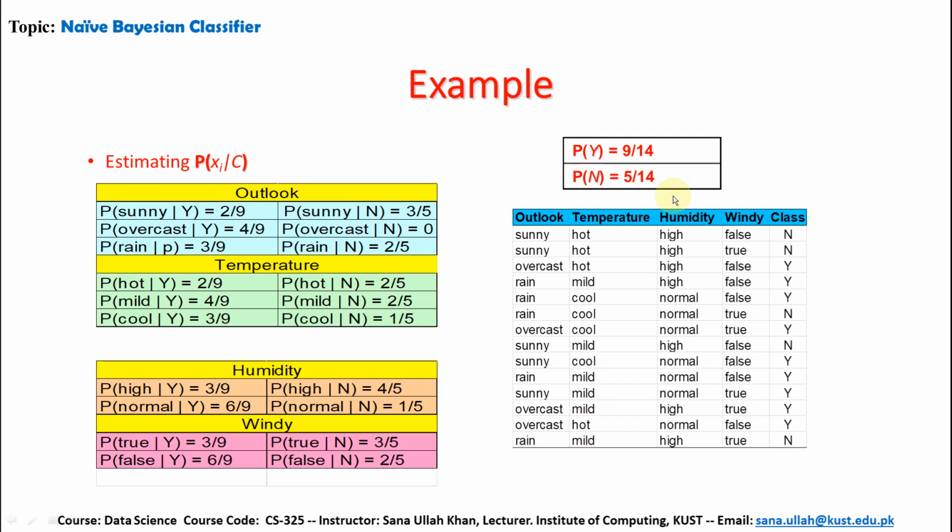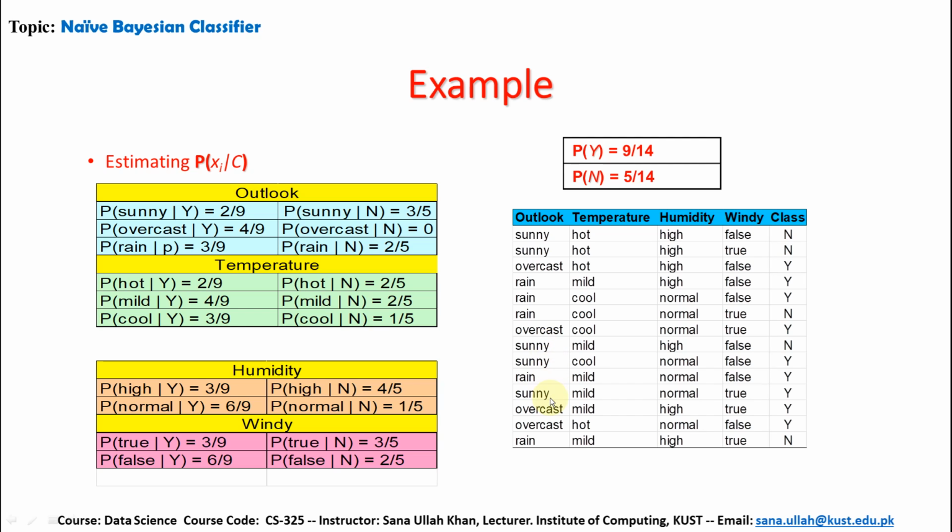Now we want to check the probability of each feature given the class. So the probability of outlook is the probability of xi given c. Take the probability of sunny with class yes. Sunny occurs in total 1, 2, 3, 4 and 5 entries.